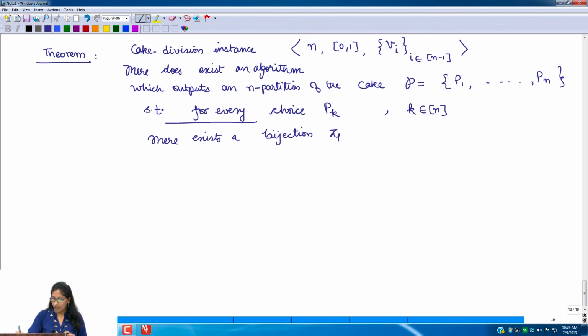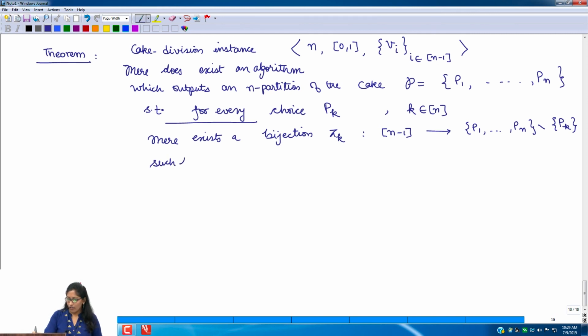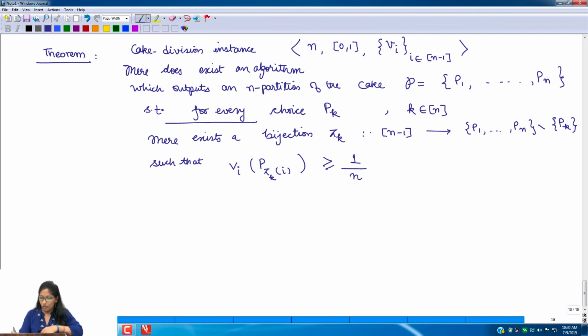So there exists a bijection pi k which goes from all n minus 1 agents to this n partition minus the piece picked up by the secretive agent, the nth guy, such that this pi k induces a proportional allocation, or in other words, v_i of pi k(i), which is the piece agent i gets as dictated by the bijection pi k, is at least 1 by n of the whole valuation, which is 1. Such that this happens for all agents in n minus 1, right?